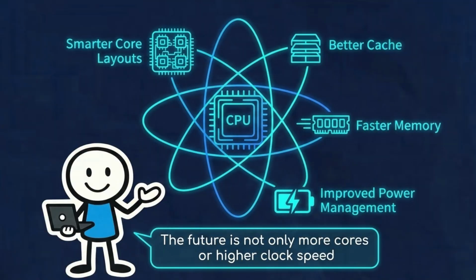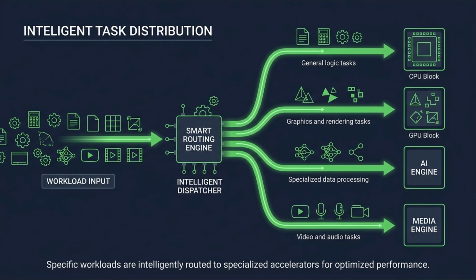Future performance will not come only from adding more cores or raising clock speed. It will also come from smarter core layouts, better cache, faster memory, improved power management, and closer cooperation between CPUs, GPUs, and specialized hardware.